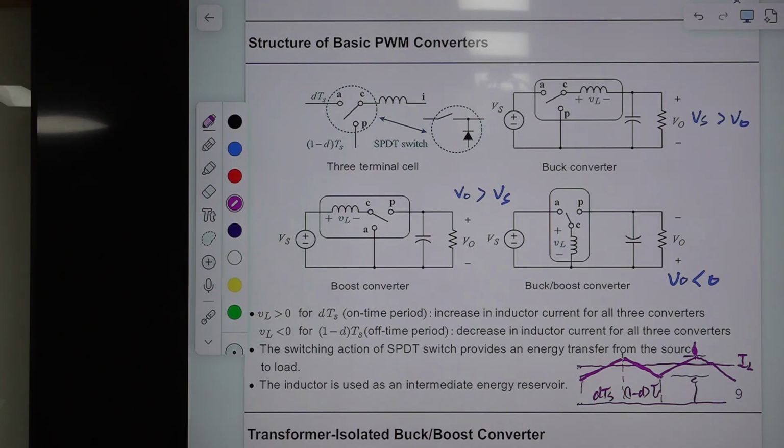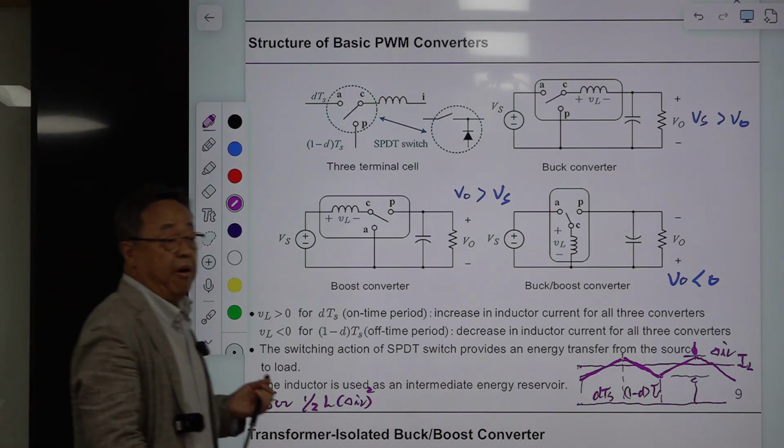Suppose this is the del IL variation of the inductor current, then this inductor is storing or releasing an amount of energy proportional to L times del IL squared. Okay, so this is the principle of power conversion.